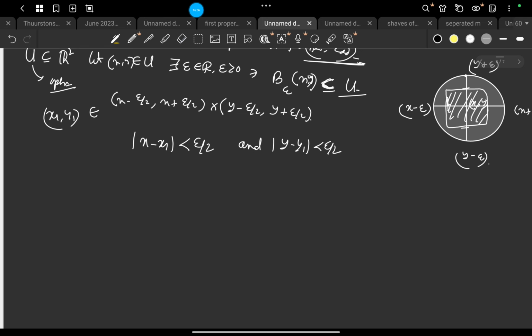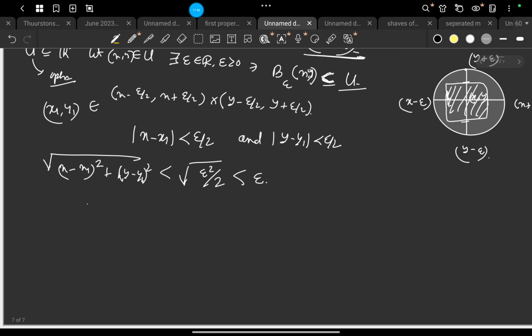Now what about the square root of (x minus x1) squared plus (y minus y1) squared? It is less than the square root of epsilon squared by 4 plus epsilon squared by 4, which is epsilon squared by 2 under the root, right? So this is less than epsilon basically.